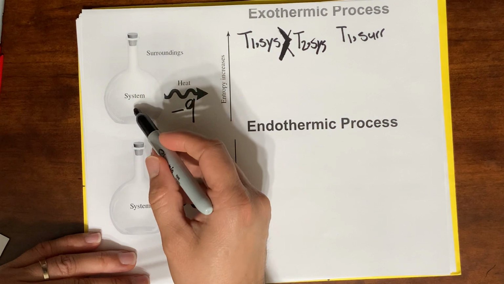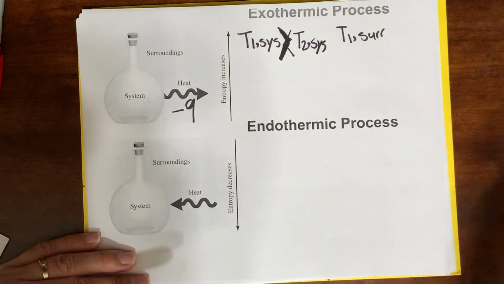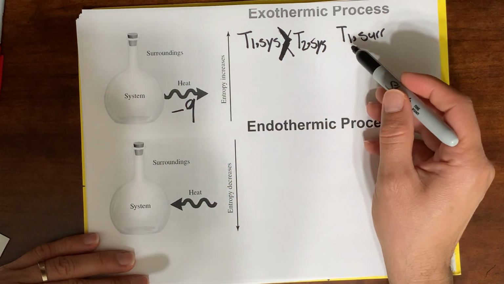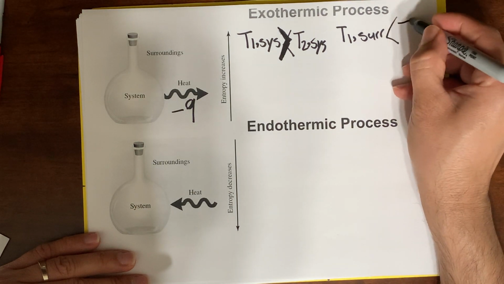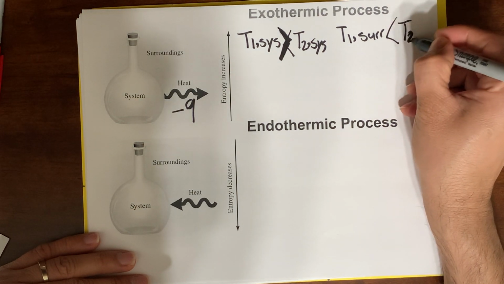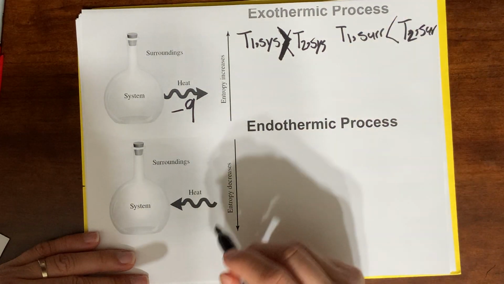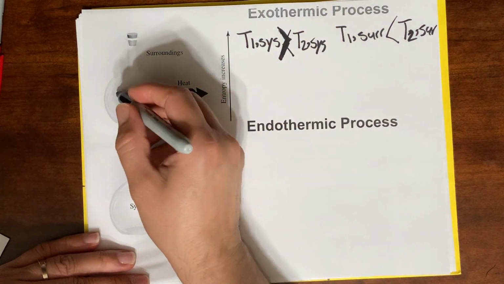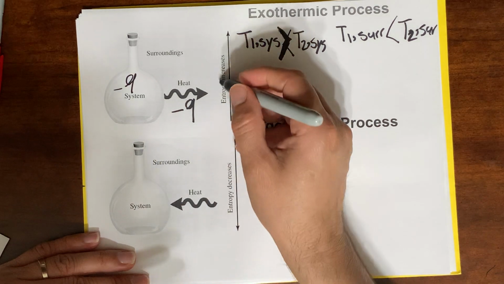We have a system. Our system is giving heat to outside. So outside is getting heat. So T1 of outside is going to be less than T2 of outside. Outside got heat. System lost heat. So we can say here, our system lost heat, minus heat.